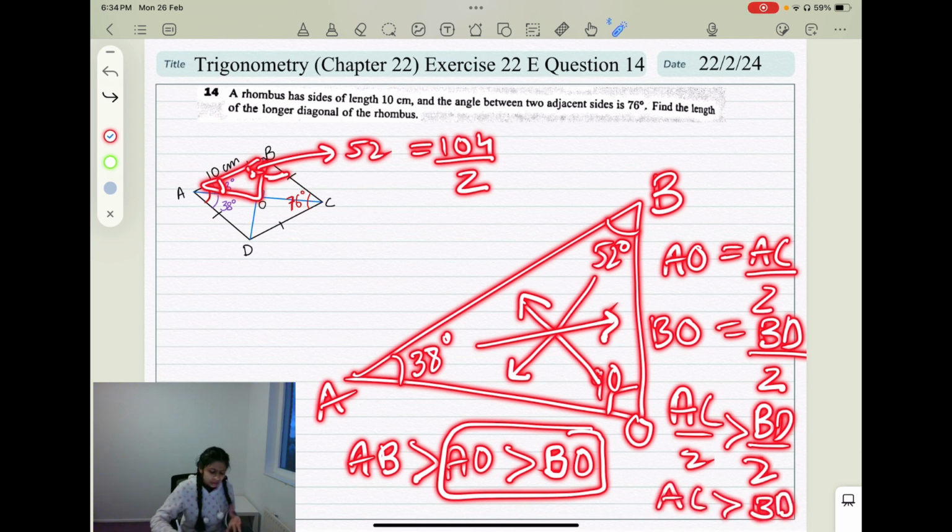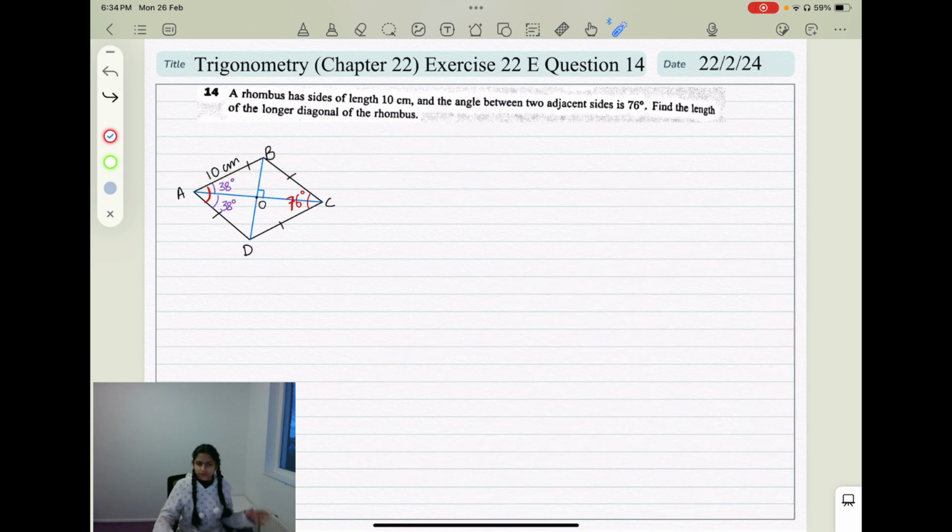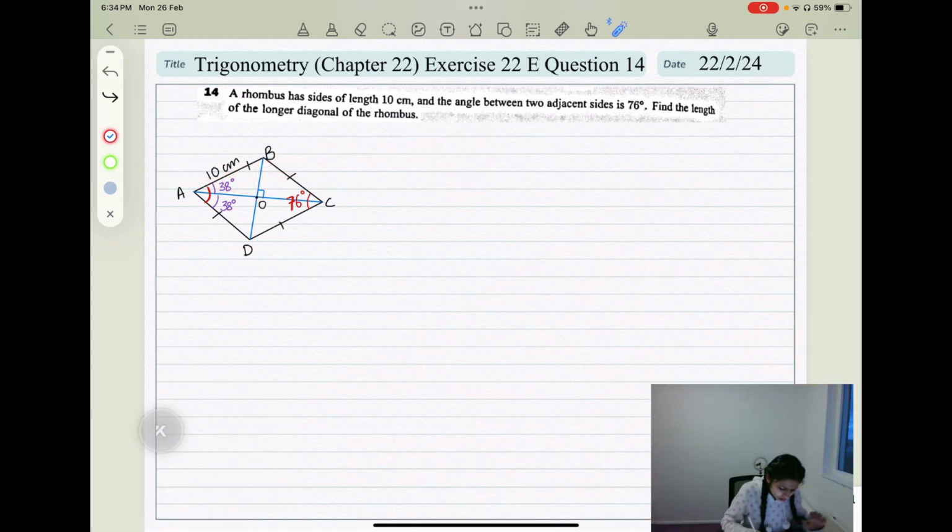Once we prove that, you can just calculate AC from here and then say that the length of AC is this and the answer is this. If we're following the other method, we have to calculate AO and BO and then calculate AC and then give the answer. So let's start.